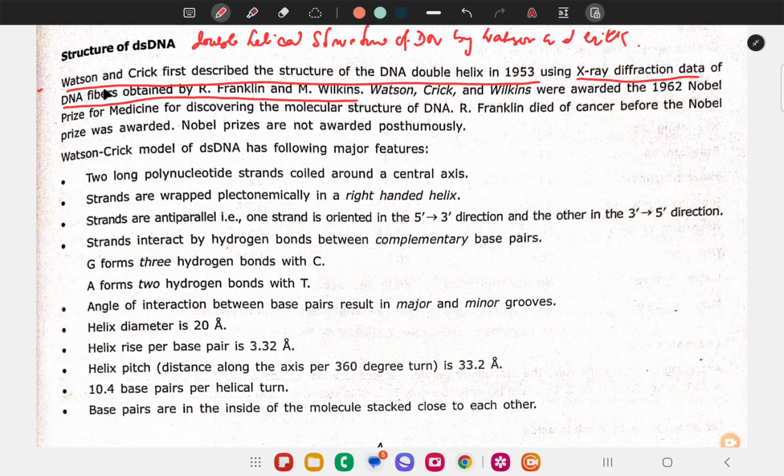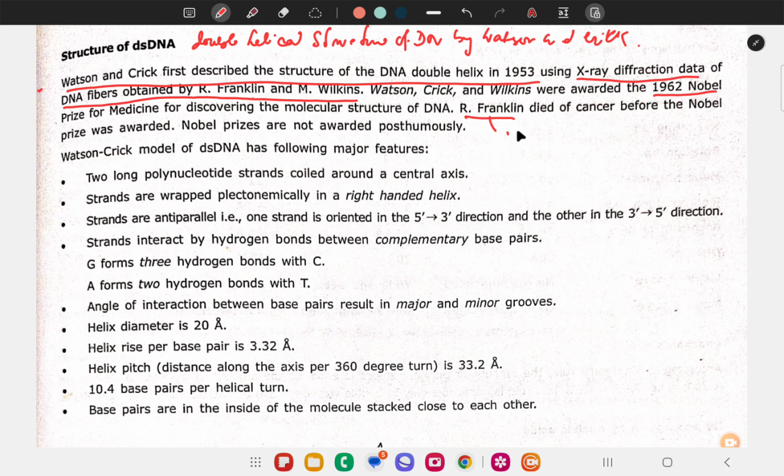The structure of DNA was produced by Watson and Crick, and Rosalind Franklin and M. Wilkins. Watson, Crick, and Wilkins were awarded the Nobel Prize in 1962, except Rosalind Franklin.